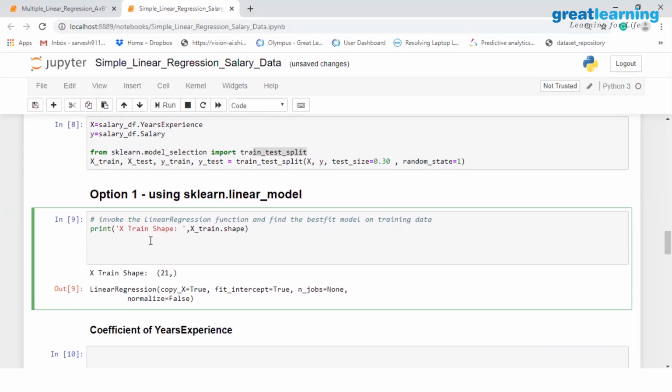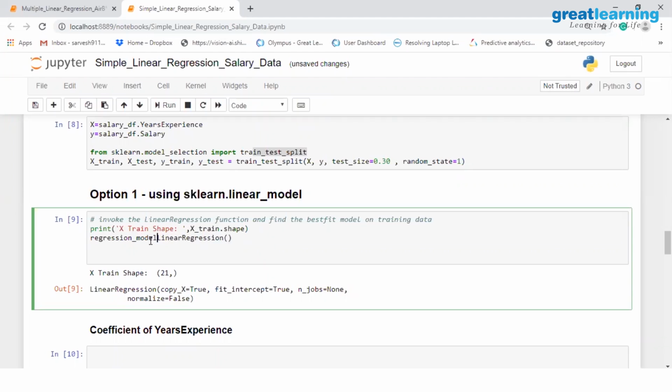Let's first start with how to do it in the scikit-learn library. In sklearn, we must give an object name for the function LinearRegression. I'm just referring to it as the regression model.